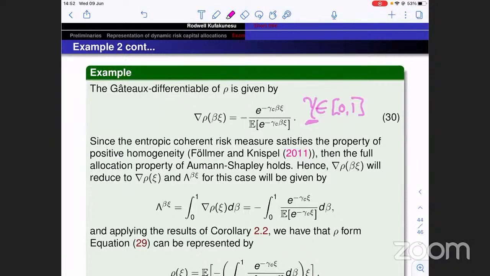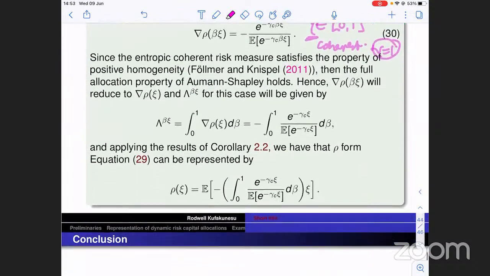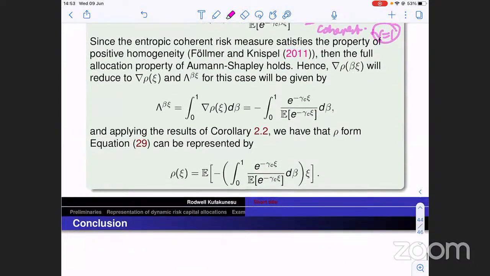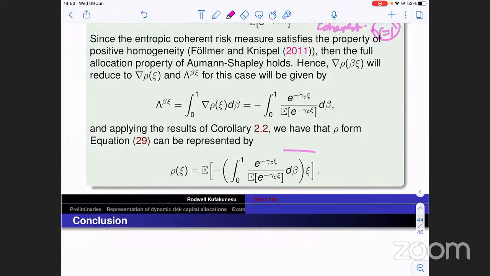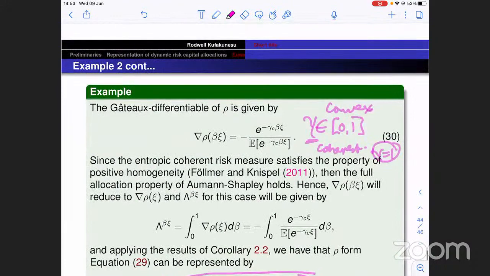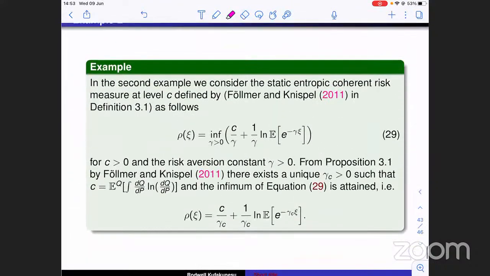The convex case is this one, and then the coherent case of example 2 will happen when gamma is equal to 1. I use beta and gamma interchangeably in this talk. Right. So this is the representation of our static entropic coherent risk measure.